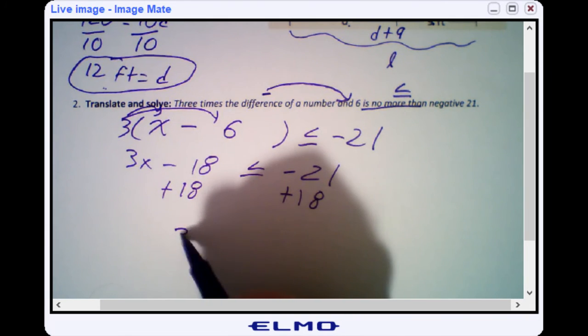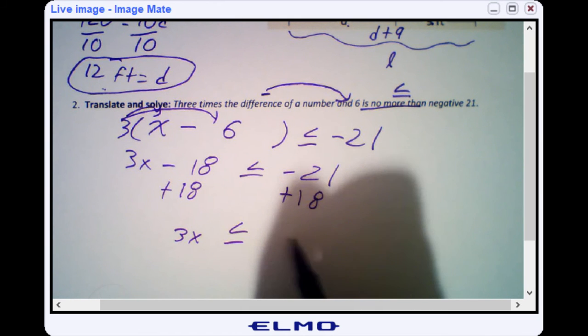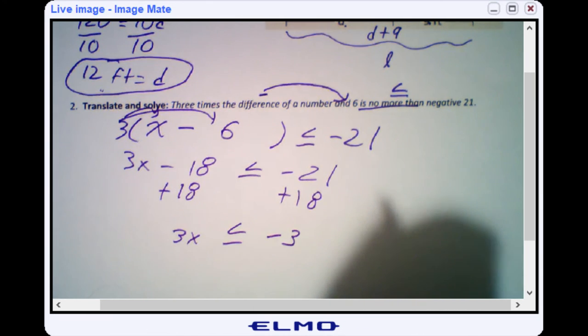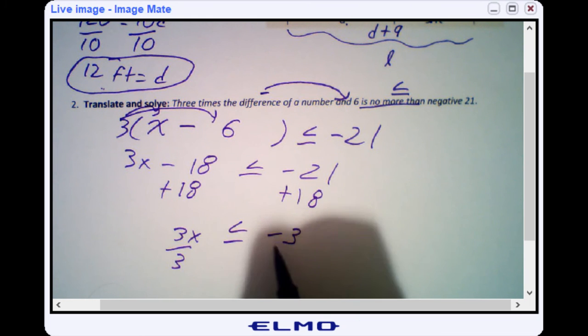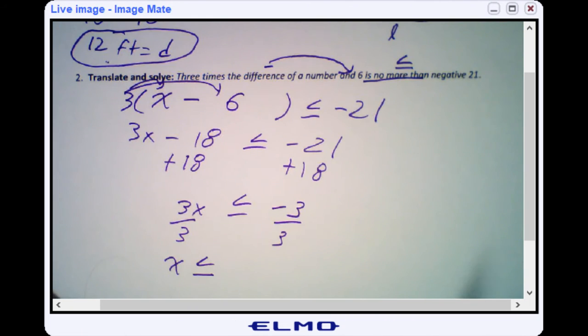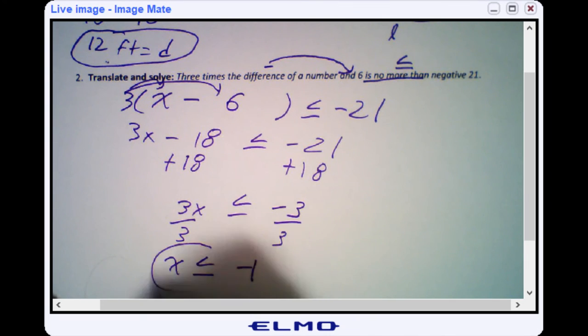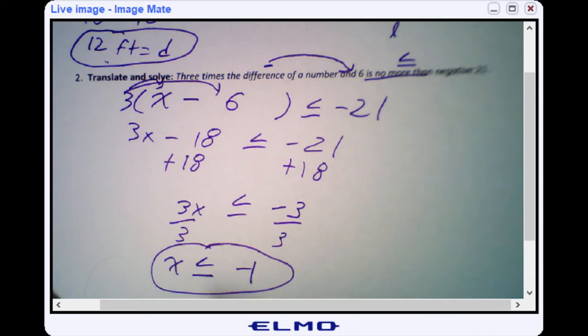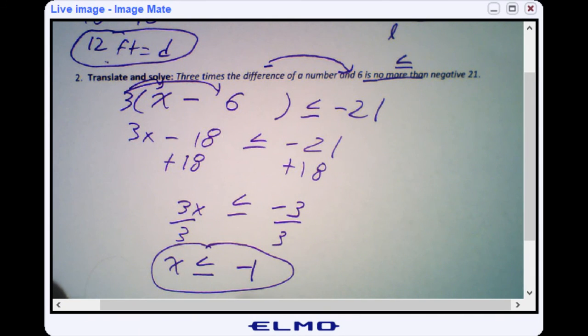We have 3x is less than or equal to negative 3. And then I'm going to divide both sides by 3 to undo the multiplication. So I'm going to have x is less than or equal to negative 1. That means anything that is negative 1 or smaller would make this a true statement.